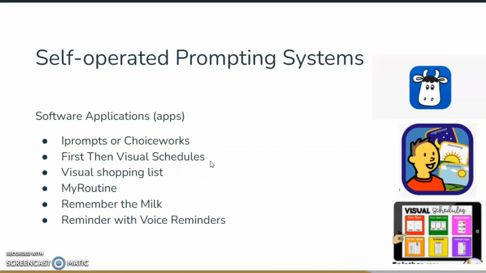The first and then visual schedules, the visual shopping list, the My Routine, that is a visual story notifying the student about what happens next. Up here we have Remember the Milk, which is a virtual to-do list. And we have the reminder with voice reminders, so the student or teacher can record their own voice and replay it to see what is to happen next.